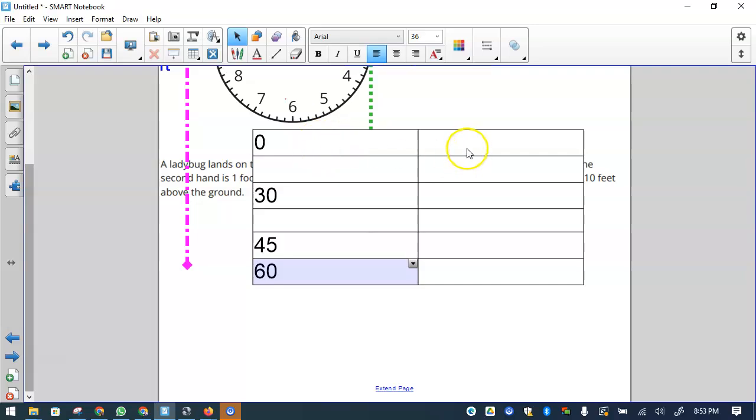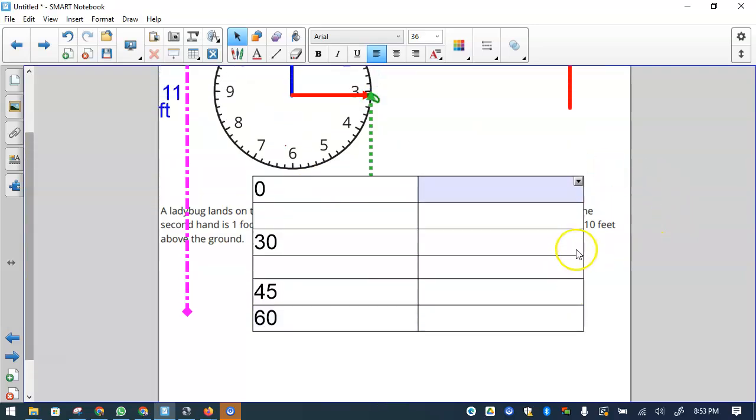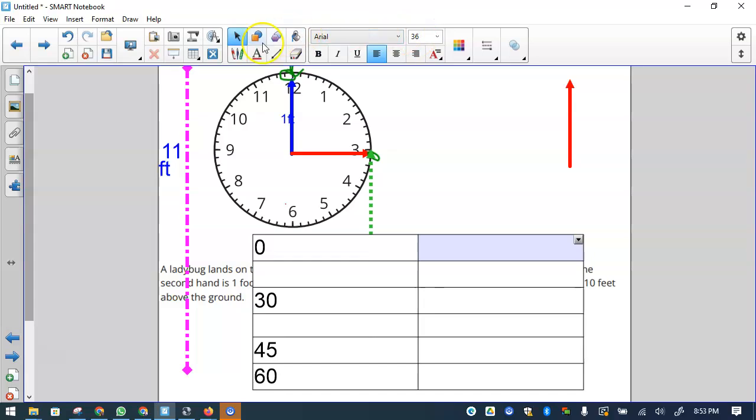If this is 0, then how far above the ground? If it is 0, this ladybug which was right here, was here, right? So that's 11 foot. This is the height, 11 foot. So I'm going to put this one as 11 foot.